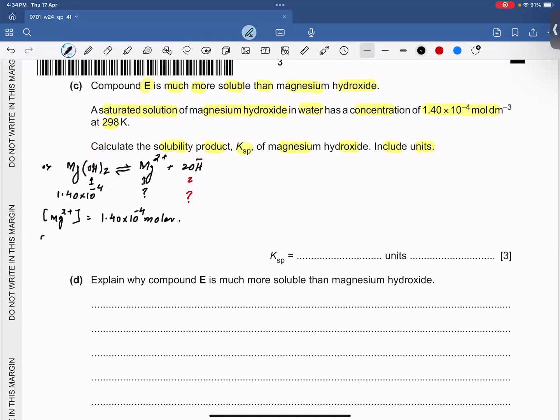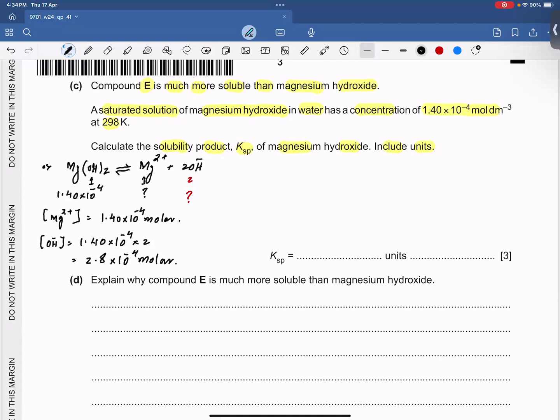Obviously, it's going to be double the concentration of magnesium hydroxide because I'm going to multiply this value into 2. So 1.4, so it's going to be 2.8 into 10 to the power minus 4 molar.